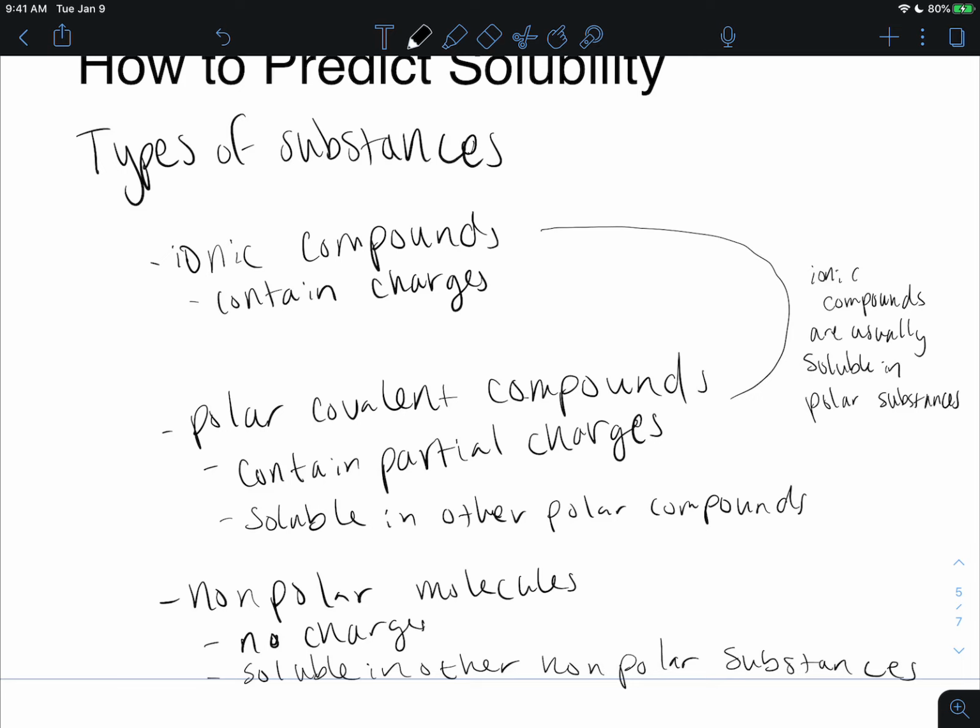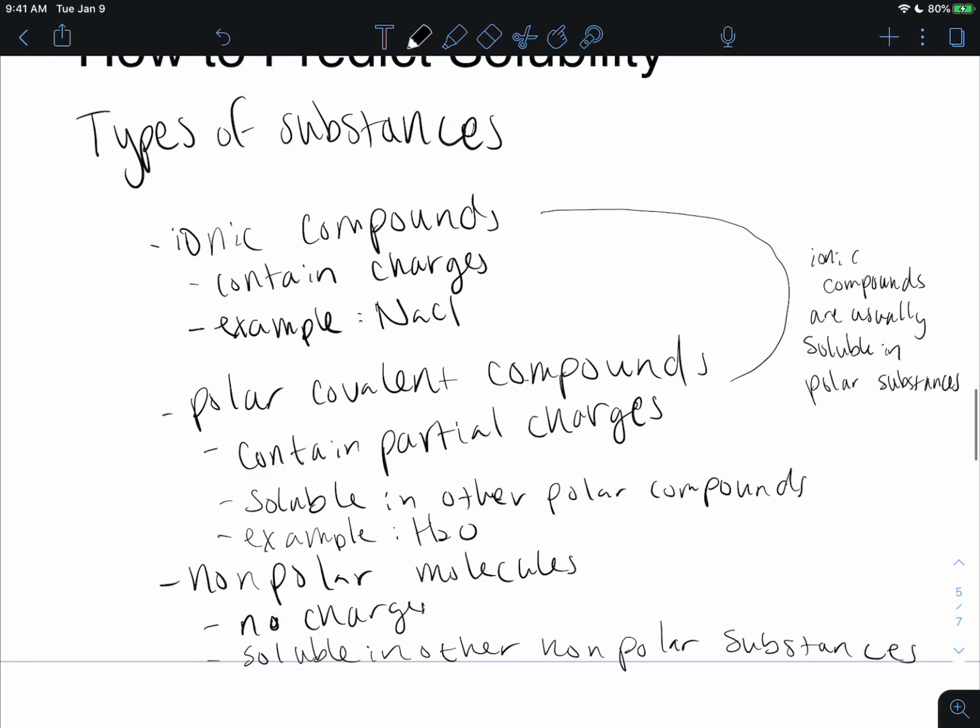Okay. We're thinking about our types of substances. A good example of an ionic compound would be sodium chloride. Good example of a polar compound would be water. So things that contain oxygen are usually polar in nature.